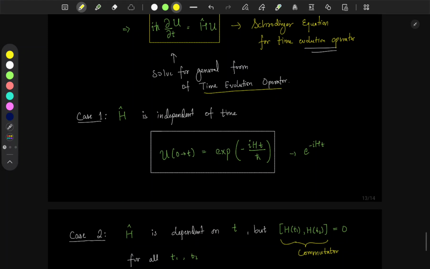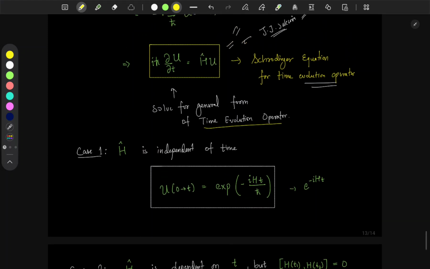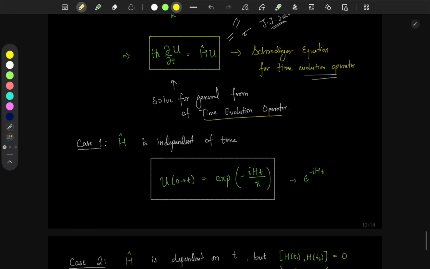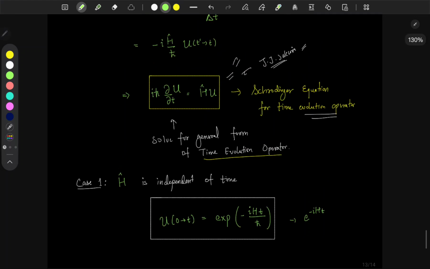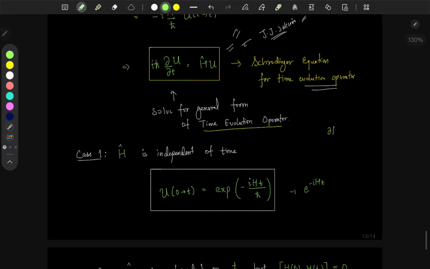In that case, the solution is very simple. You can treat it like a differential equation of this kind: df/dx equals lambda f(x). In this kind of equation, f(x) is basically e to the power lambda x.